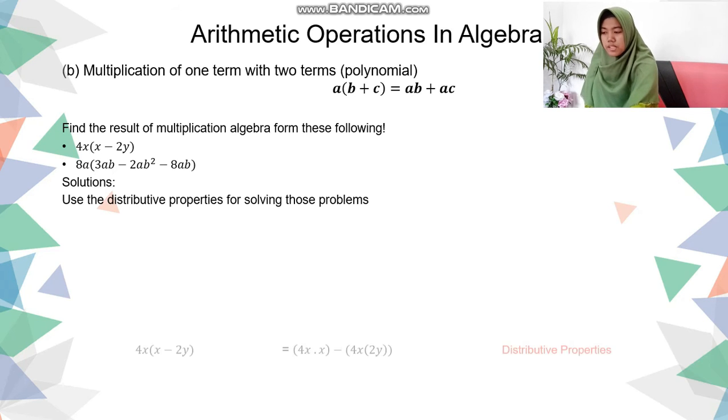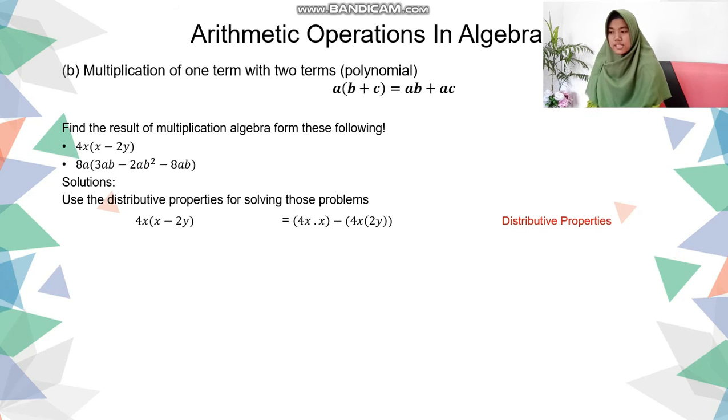The first problem: 4x times (x minus 2y). Using distributive properties, it is equal to (4x times x) minus (4x times 2y).